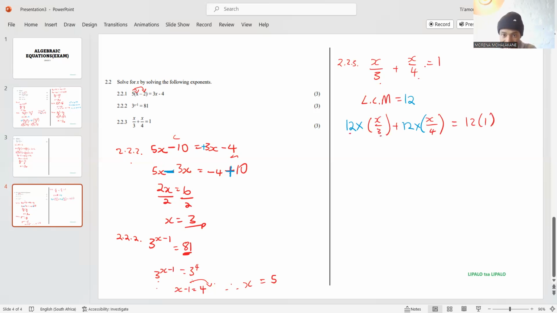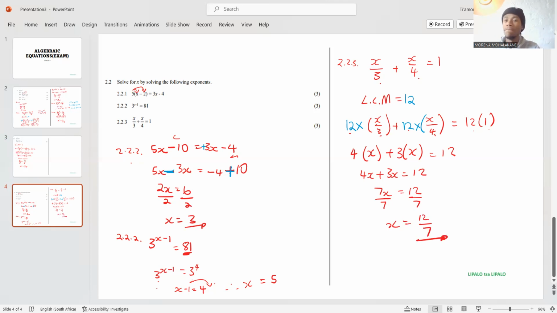So 12 divided by 3, it's 4, then x. 12 divided by 4, it's 3, then x equal to 12 times 1 is 12. So you have 4x plus 3x being equal to 12. Alright, so this is going to give you 7x equal to 12, divided by 7, divided by 7. X is going to be equal to 12 over 7.